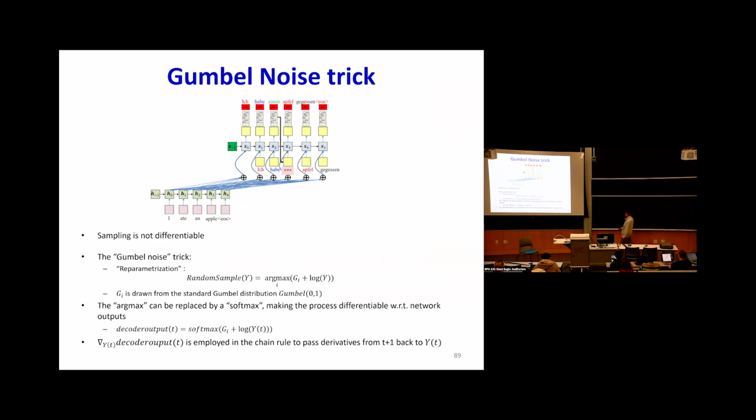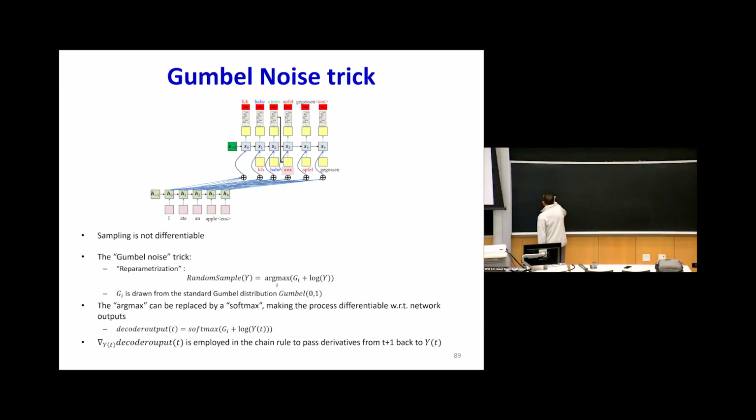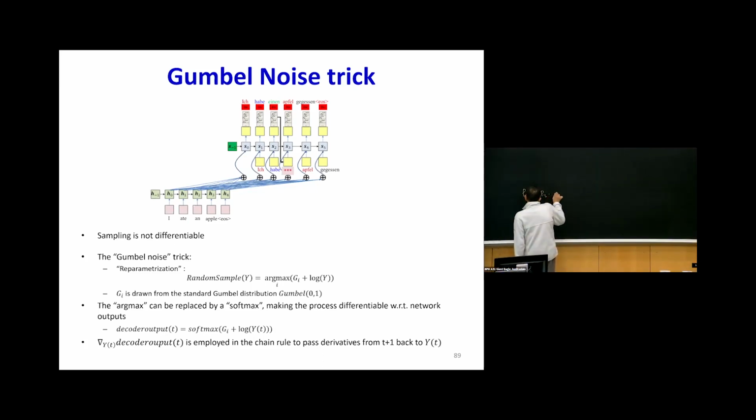Suppose I have a probability distribution P1, P2, P3, up to Pn that I'm trying to sample from. So there are n possible outcomes, like an n-sided die, and these outcomes have different probabilities.